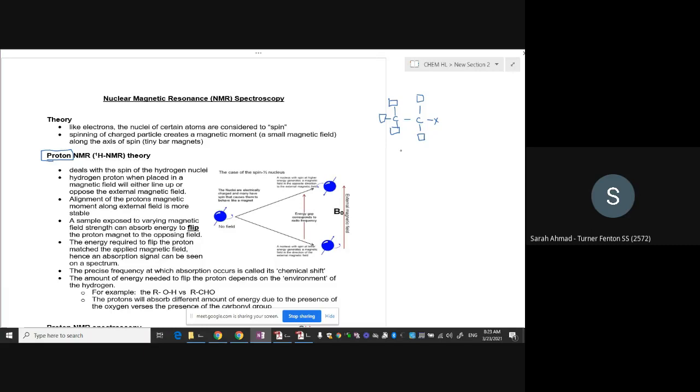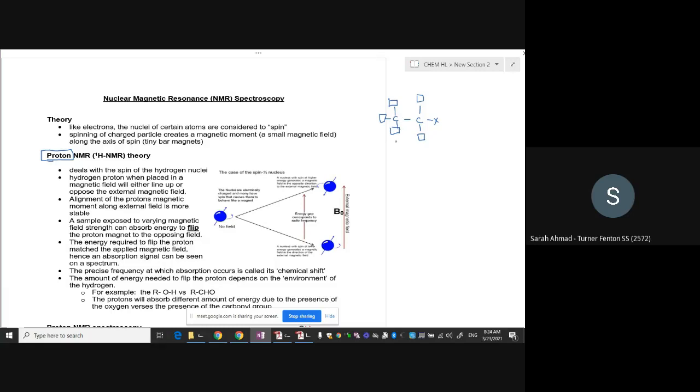And if I've given you the formula, then you can figure out the numbers of unsaturations, and hopefully the IR will confirm that in terms of the functional groups that are present. So is there an alkene? Is there an alkyne? Is there a carbonyl? But neither of those tell us the exact position of the hydrogens surrounding the carbons.